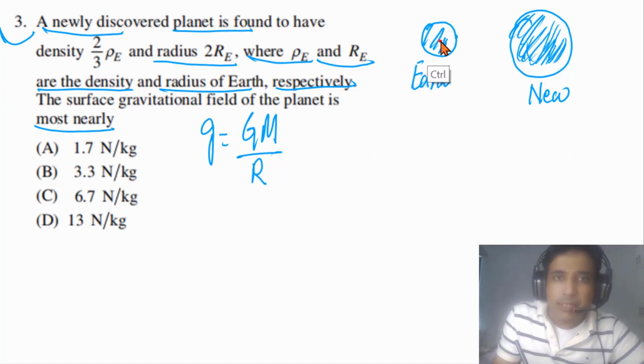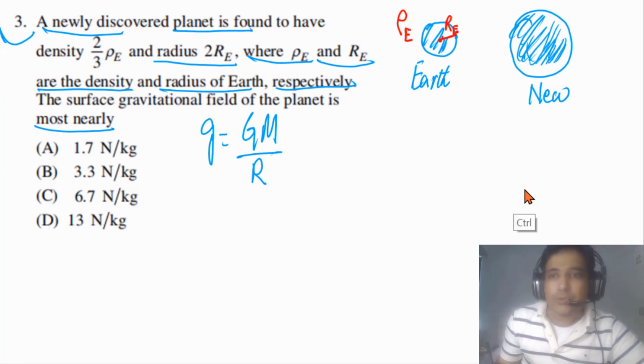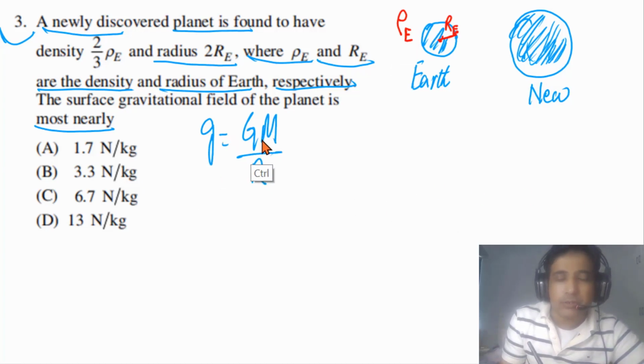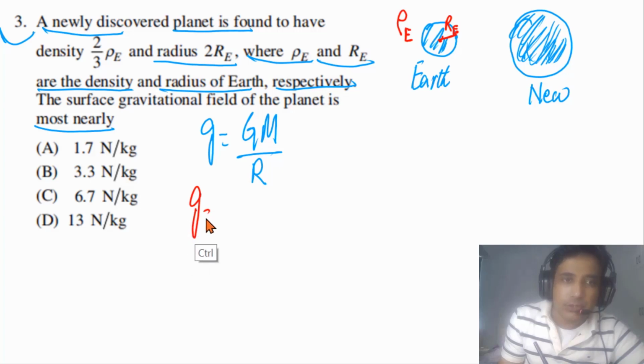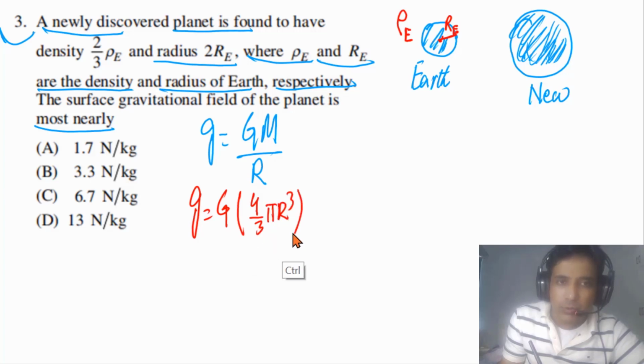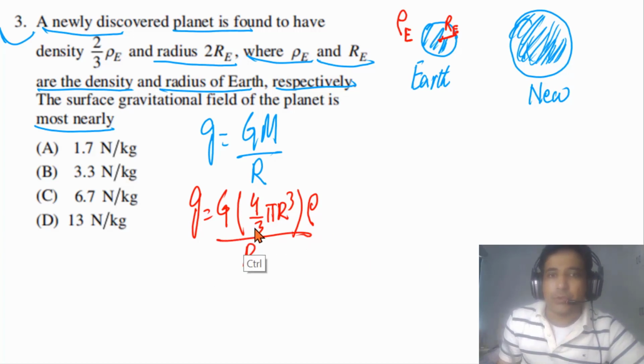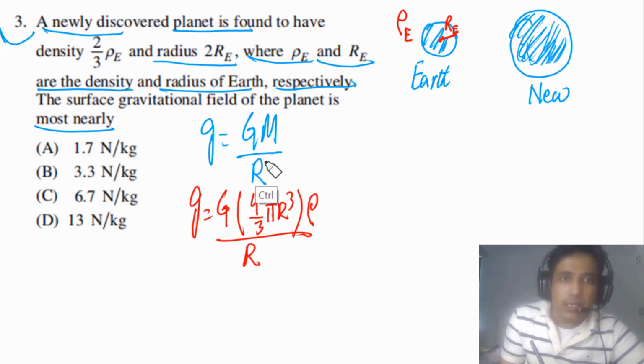The density of our planet is given as ρ_e, so we can write this in terms of density. g equals capital G, M we can write as volume 4/3 π r cubed times the density, divided by r squared. If we simplify, the r squared cancels with r squared.